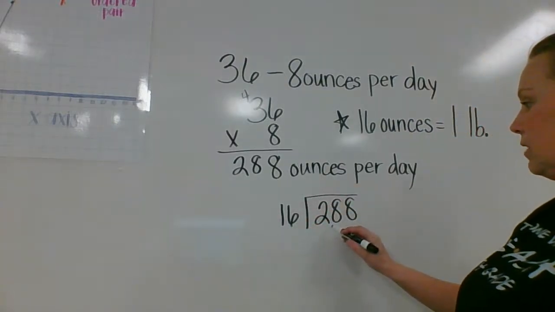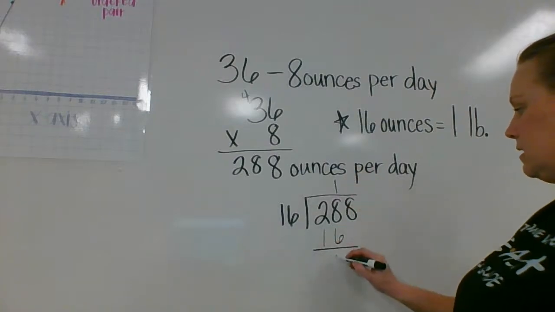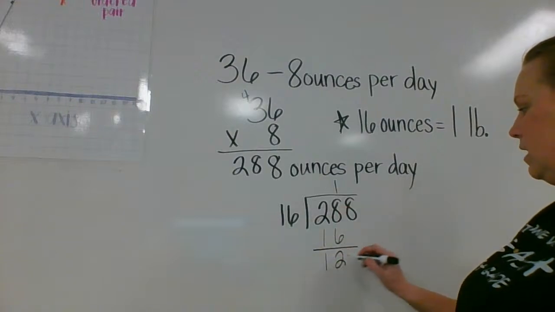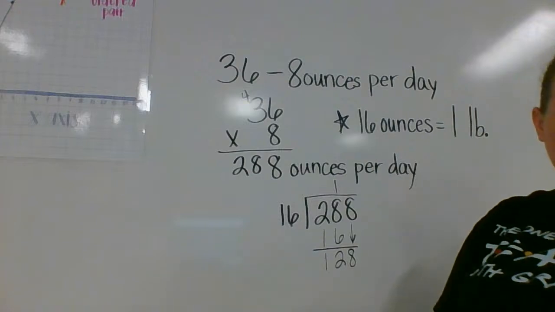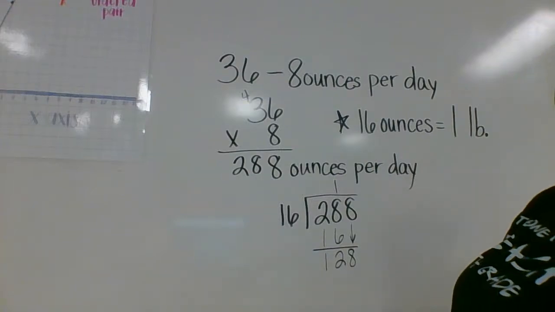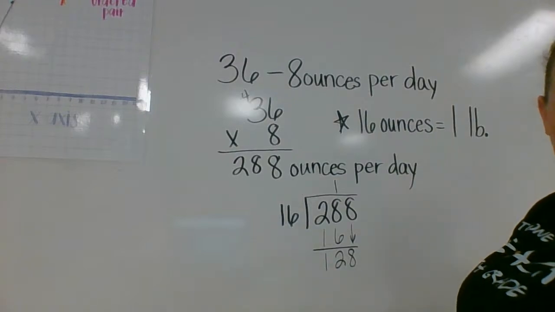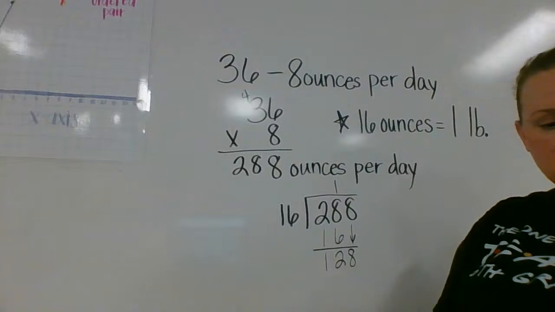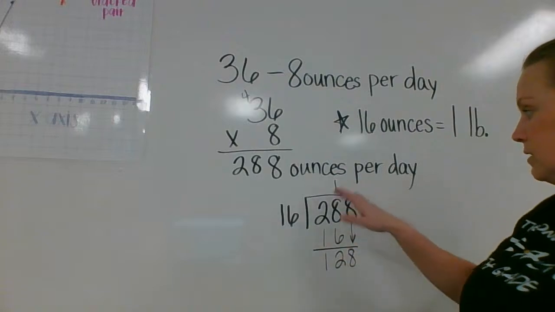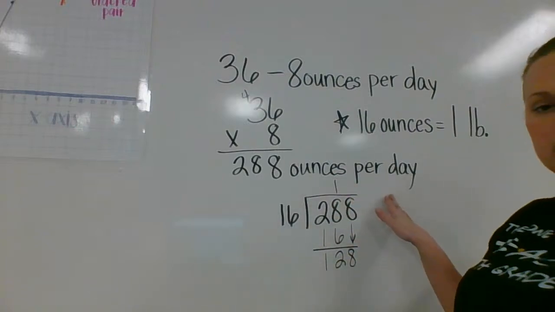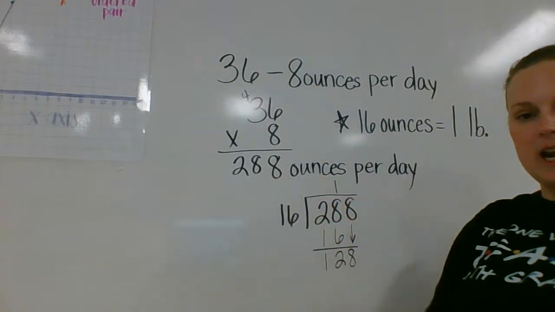So 16 into 28 is 1 time. 8 minus 6 is 2. 2 minus 1 is 1. Drop my 8. 128. And then you can figure out how many times 16 will fit into 128, and you should not have a remainder. So if you can finish this division problem, you'll be able to figure out how many pounds are equal to 288 ounces.